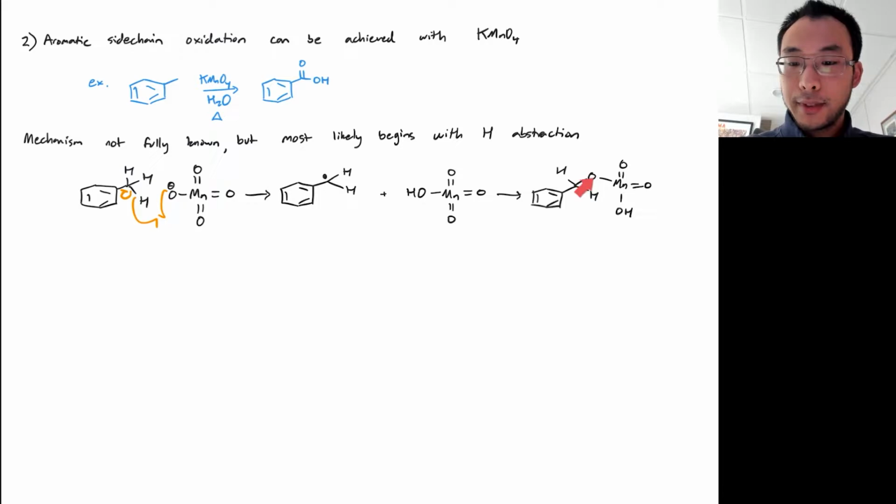So you can kind of see where you're getting that first carbon-oxygen bond built in. But from there, the details are a little bit more murky. Again, the idea is that maybe we're generating free radicals here, but the proof is hard to provide.